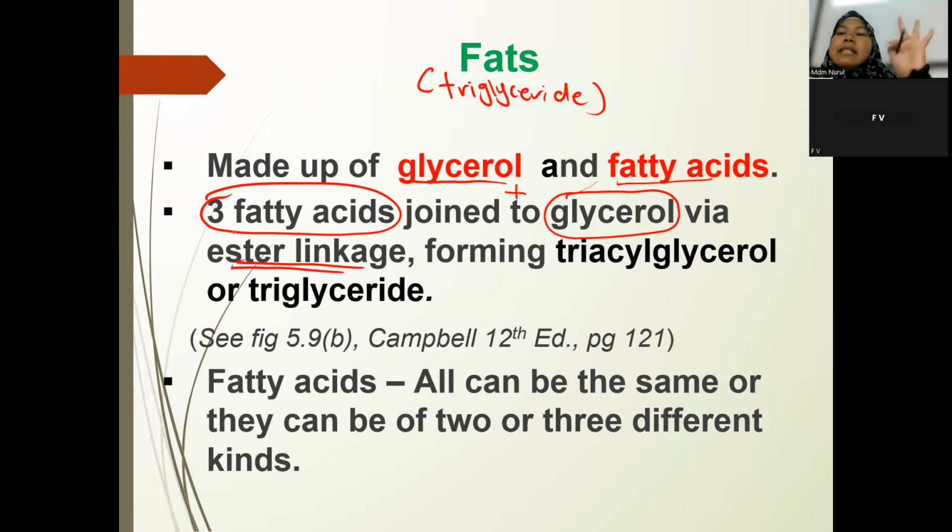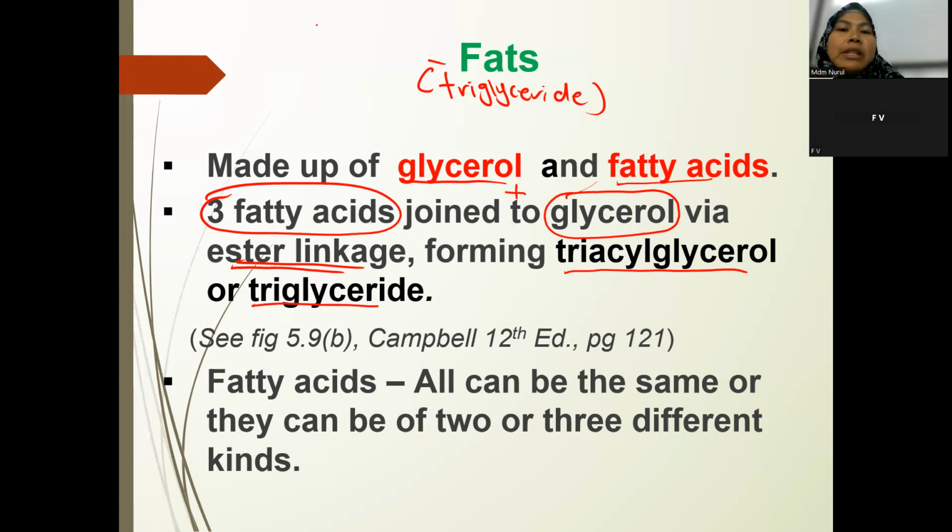So 3 fatty acid gabung dengan 1 glycerol, dia akan membentuk triglyceride ataupun triacyl glycerol. Okay? Alright. So ingat, yang nombor 1 kita tengah discuss sekarang fat.